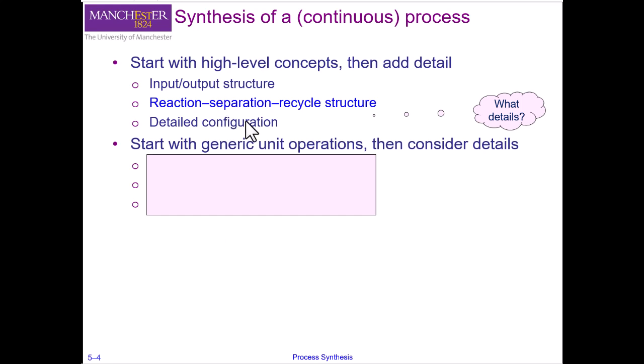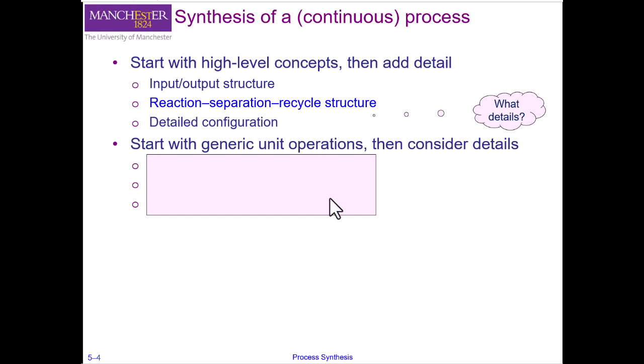Back in chapter 1, we looked at the idea of input-output structure, and this very basic structure with almost no detail considers only what reactants and other materials are entering the process and what is coming out of the process. In chapter 1, we also looked at reaction separation recycle structure of the flowsheet in very brief detail. And the next step now is to look at the detailed configuration of the flowsheet.